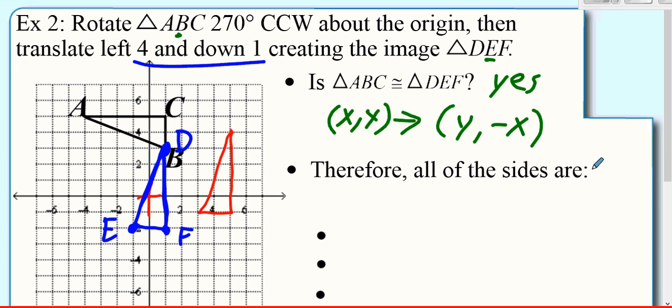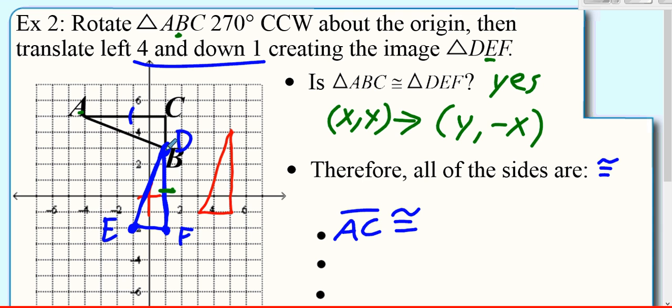Therefore, all the sides are congruent also. So we can say which sides are congruent. We can say AC is congruent to this side, and we got to get it in the same order. Since C is the right angle, F is the right angle, C and F have to go together.